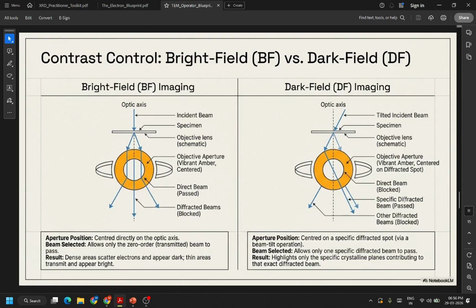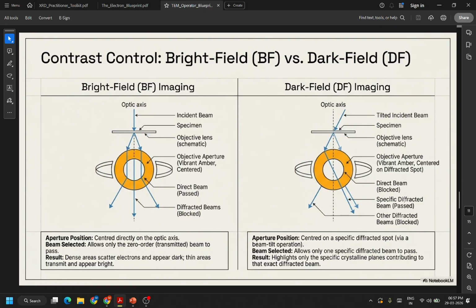So in bright field, the selected beam is the zero order transmitted beam only, whereas in dark field it allows one specific diffracted beam to pass. In bright field imaging, the dense areas scatter electrons and appear dark, whereas thin areas transmit and appear bright.